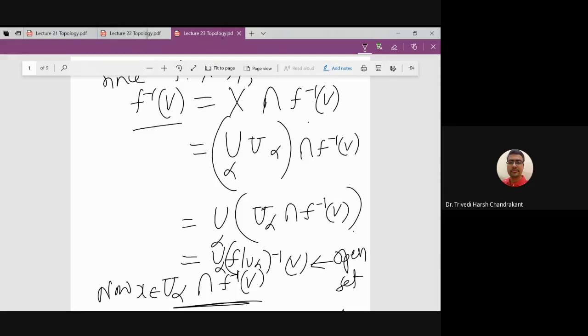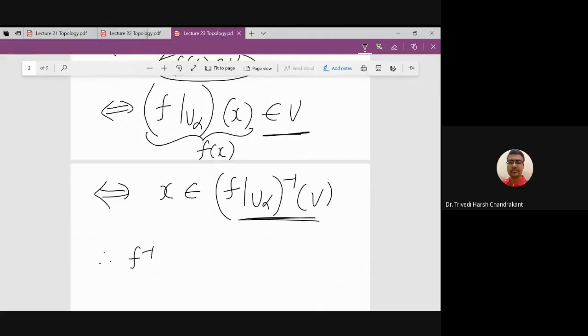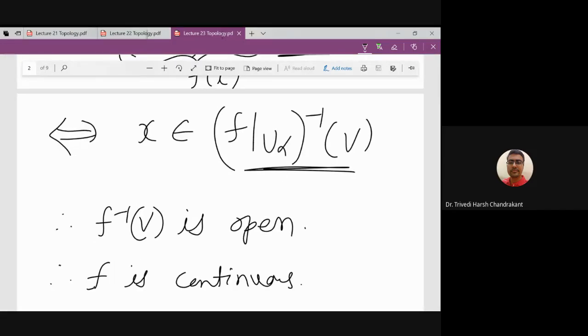So these sets are open and their union is F inverse V. Therefore F inverse V is open for every open set V, and therefore F is continuous. So this proves this fundamental property about continuous functions.